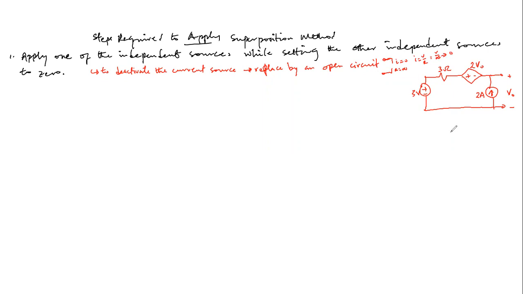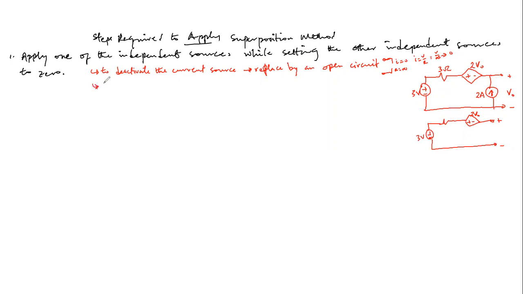Okay, so we end up drawing the circuit with the 3 volts source acting alone, with the 2 V0 dependent source. So once we activate the voltage source, to deactivate the current source, we replace it by an open circuit.